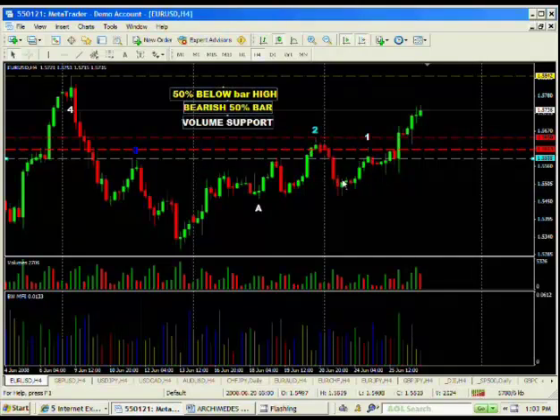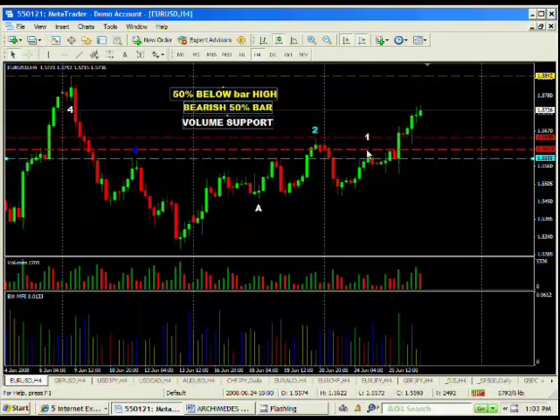When we look at 1 here, we see that price moved up and tested the resistance zone. Understand that operators buy and sell at support and resistance, not just because they do, but they do for a reason.